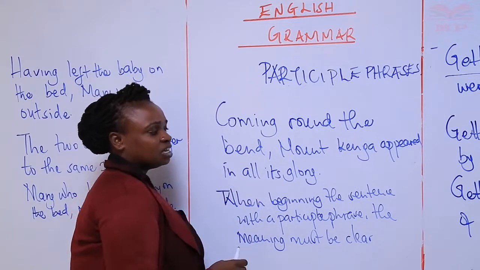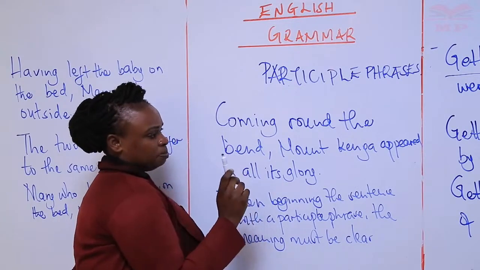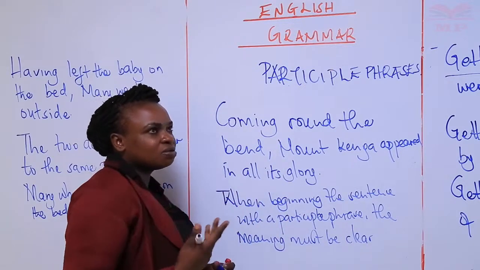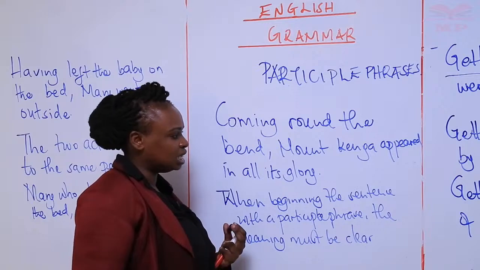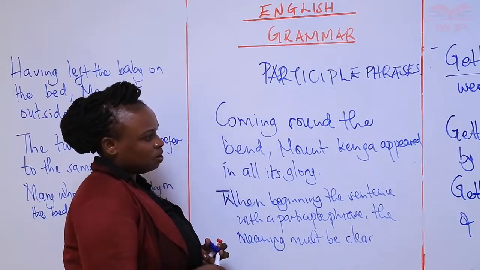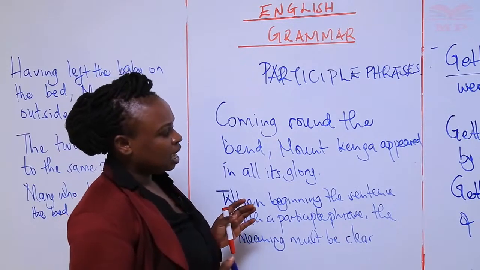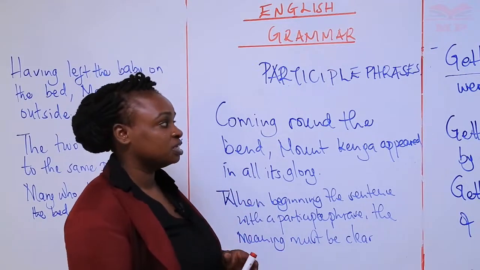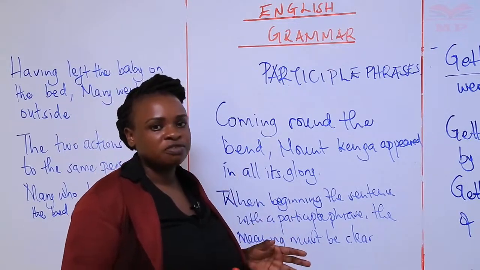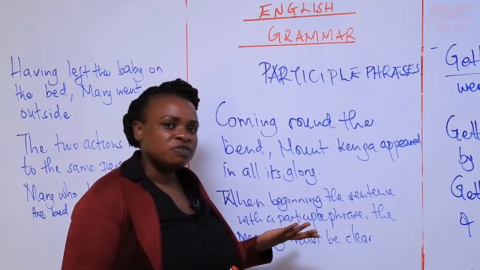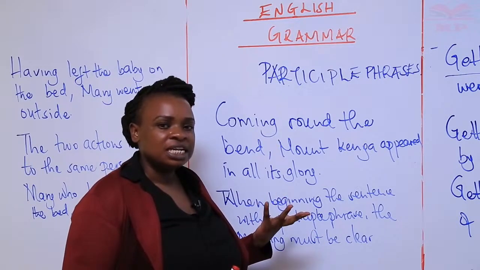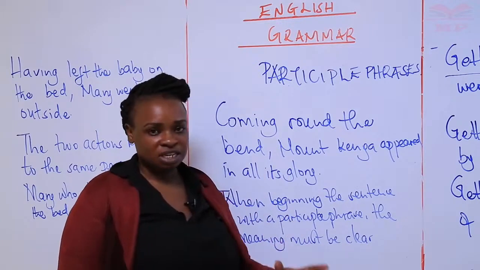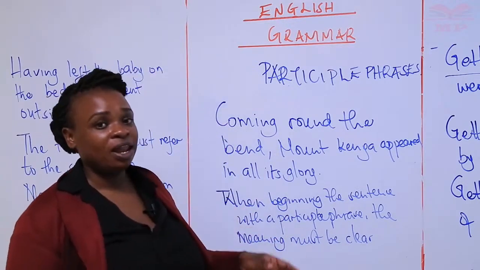The two actions must refer to the same person, and the same person must be something credible, not something that makes the sentence unclear. Now, having said that, we have finished on the past participle phrases and present participle phrases. Remember, present participle phrases are used to emphasize that the action in the main sentence comes immediately after the action in the participle phrase.